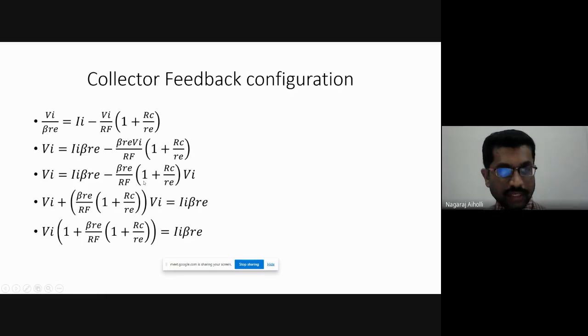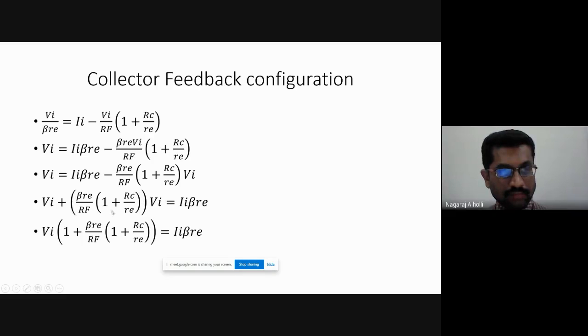If I take this minus term to the LHS, it will be plus. That is VI plus beta RE by RF into 1 plus RC by RE, the whole multiplied by VI, that is equal to II beta RE.